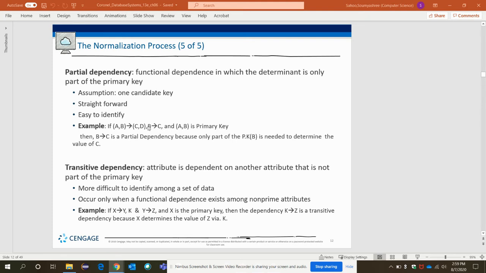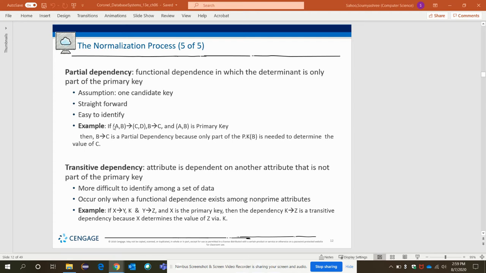One of them is a determinant, and the other attribute, which is determined by the determinant, is called the dependent. Partial dependency is also derived from functional dependency, in which the determinant is only part of the primary key.